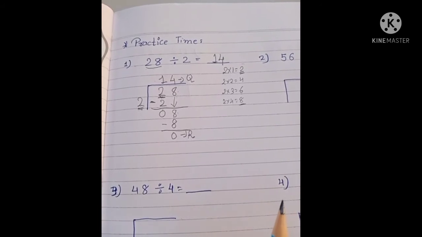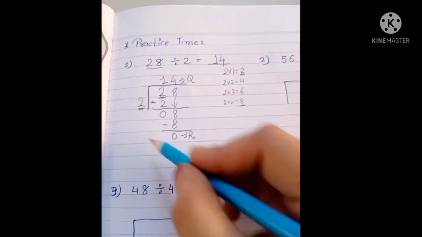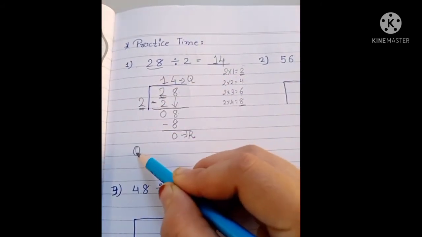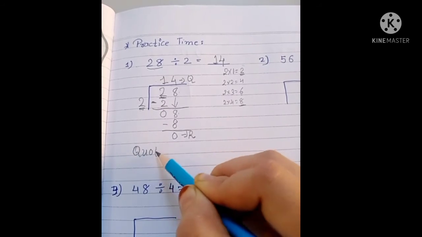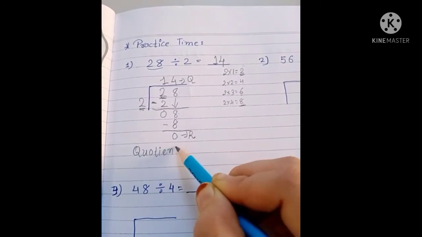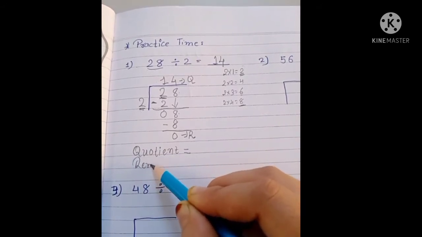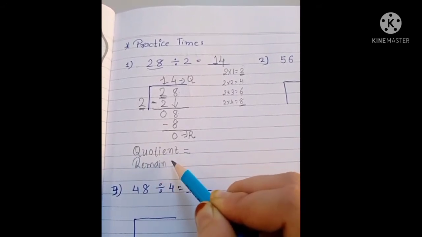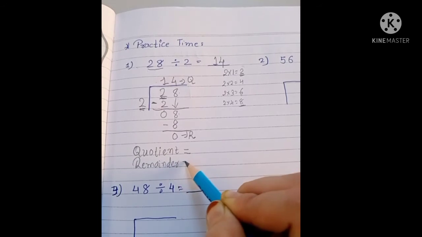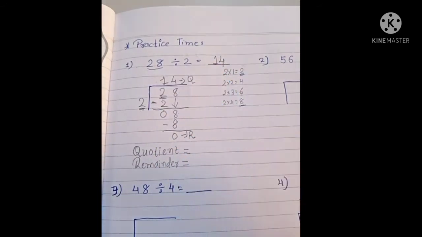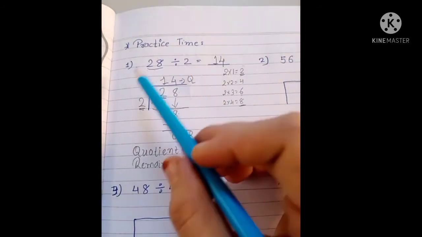Now students, remember it. Whenever you are doing division, after solving it, you have to write down the quotient and the remainder. These two things you have to mention after solving the division. Students, you have to make this a habit. You should have this habit, right?